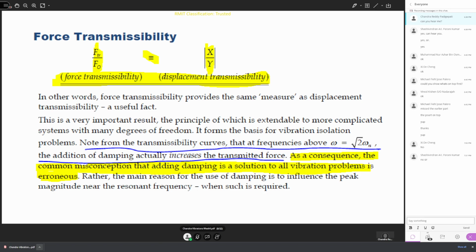If you actually add more damping constant, the vibration may reduce, but the force transmissibility may increase. All right, so the force transmissibility is equivalent to displacement transmissibility.